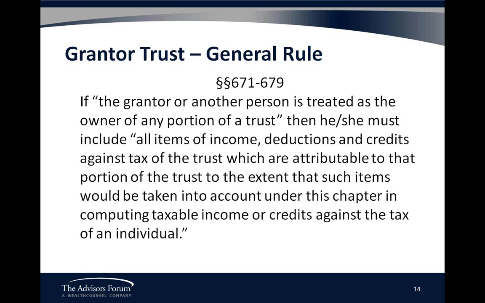Although in practice, an irrevocable grantor trust is really no different than the revocable living trust that we use. They're both grantor trusts, and either way, we're using the grantor's Social Security number as a tax ID number. When you do a separate tax ID number for the irrevocable grantor trust, you put that number on the Schedule E, page 2 of the Form 1040.